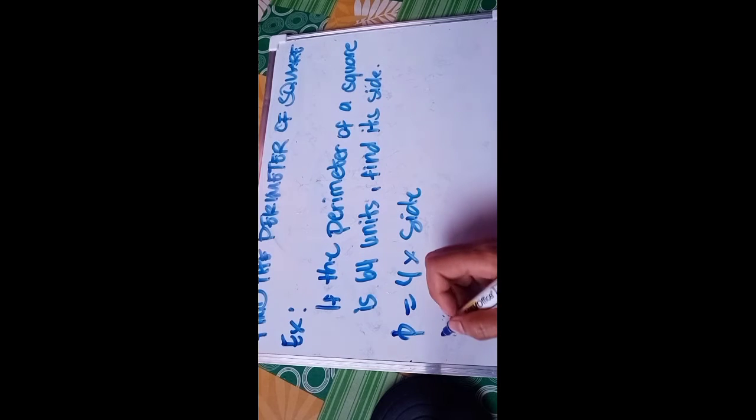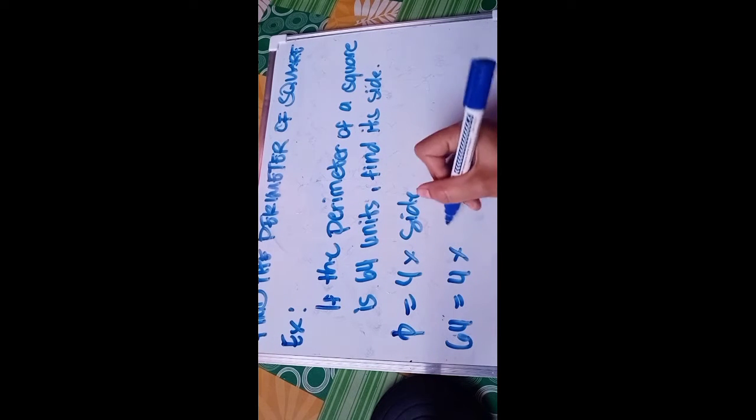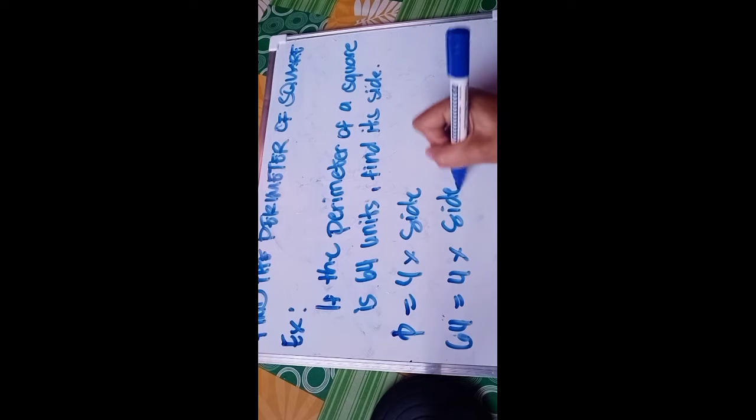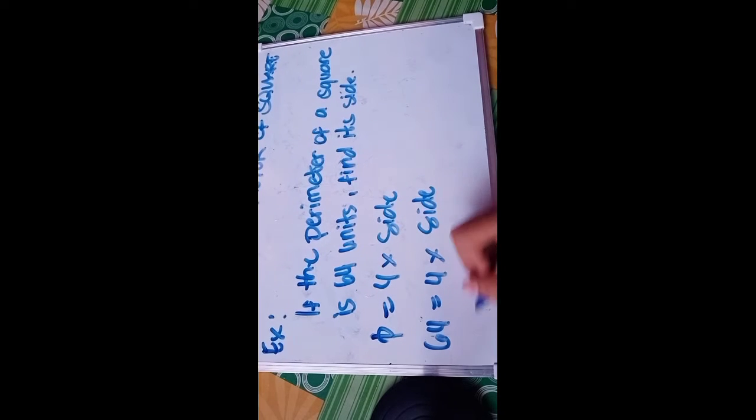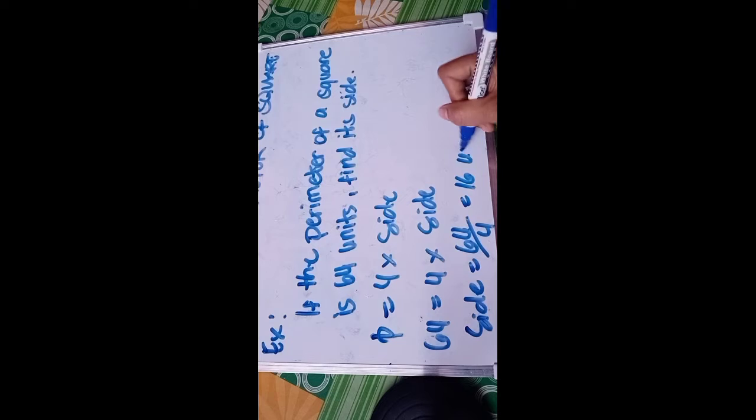Now our perimeter is 64 units, equal to 4 times side. So you can transpose the 4 to this side. The side equals 64 divided by 4 equals 16 units.